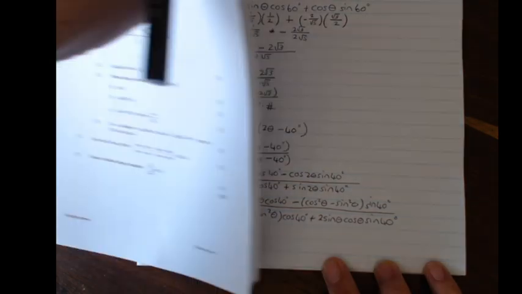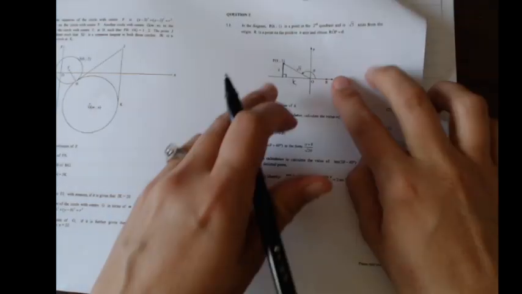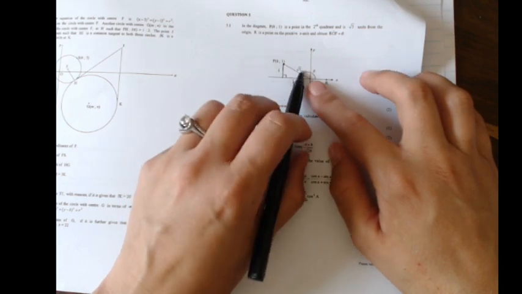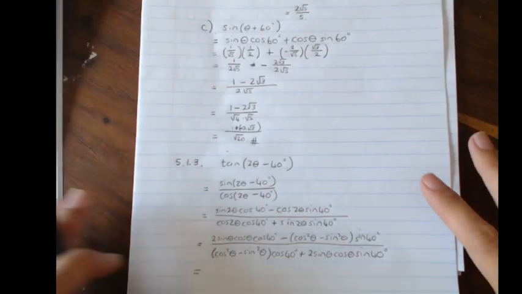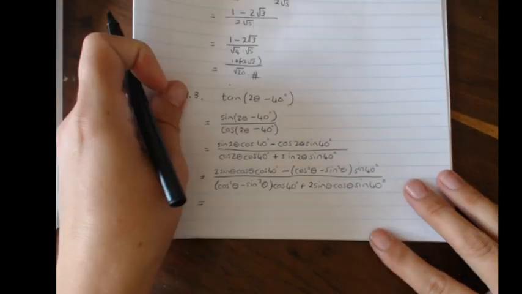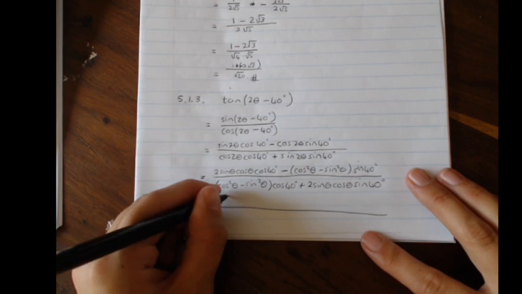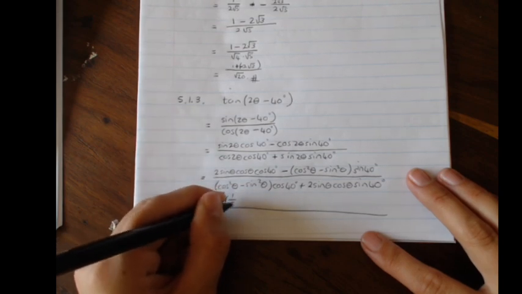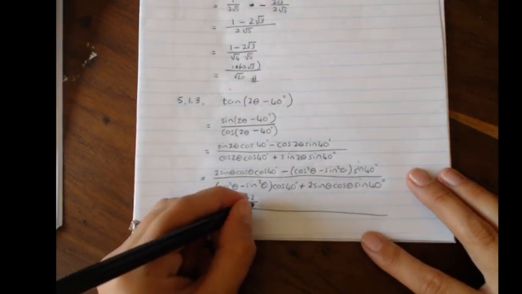So from the graph, sine theta is 1 over root 5 and cos theta is negative 2 over root 5. So I'm going to substitute that everywhere. Sine theta is 1 over root 5, cos theta is negative 2 over root 5.